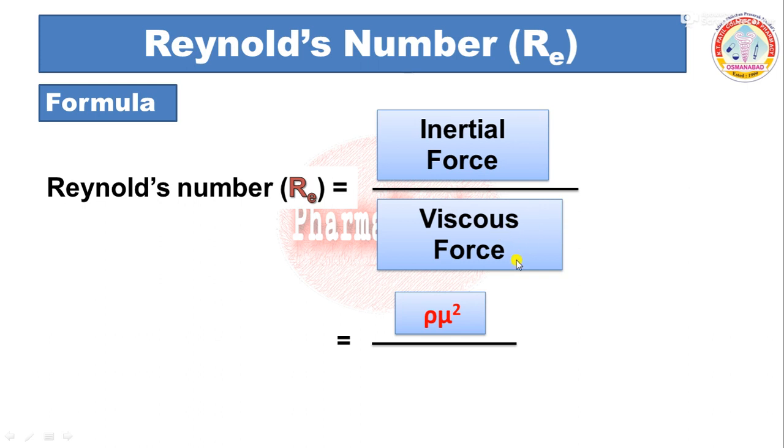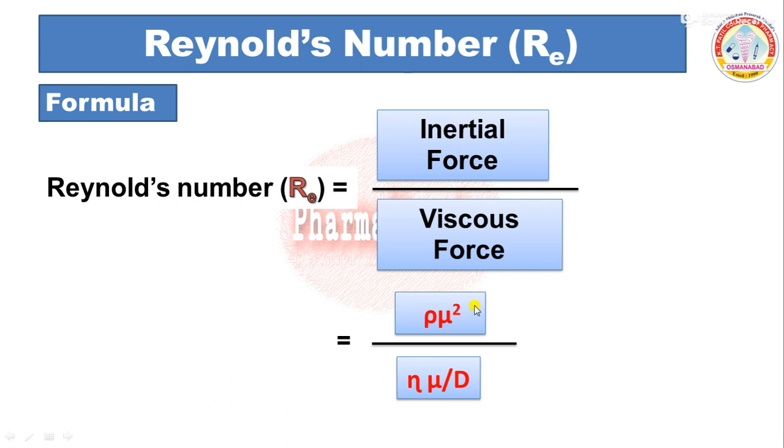So this viscous force is proportional to nu u upon d, where nu is the viscosity of liquid, u is the velocity of liquid, and d is the diameter of pipe through which the fluid is flowing.